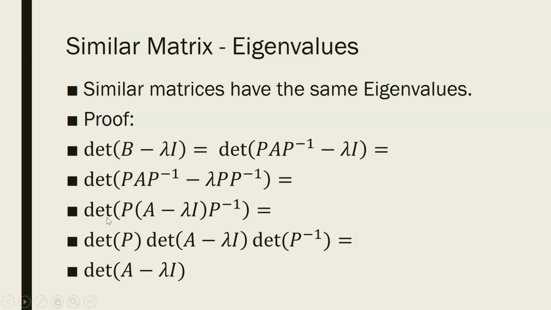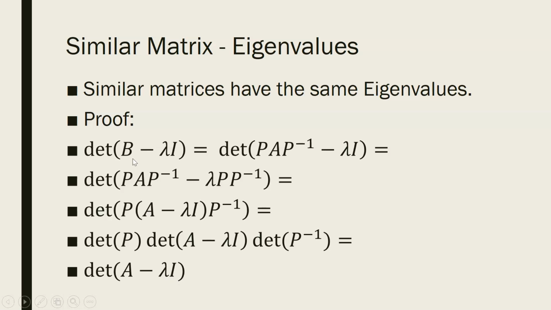Well, we can take the determinant of this matrix times the determinant of that matrix times the determinant of that matrix, and that gives me the determinant of all three matrices multiplied together. Now, determinant of P times determinant of P inverse, because those are just real numbers, are going to be inverses of one another, and they're going to cancel each other out. And so you're left with the determinant of A minus lambda I.